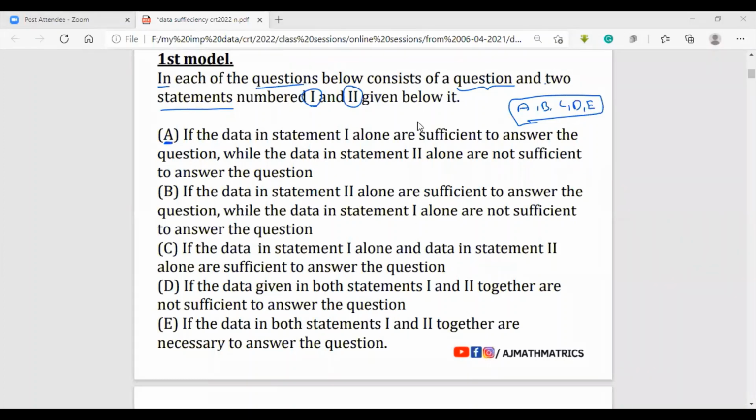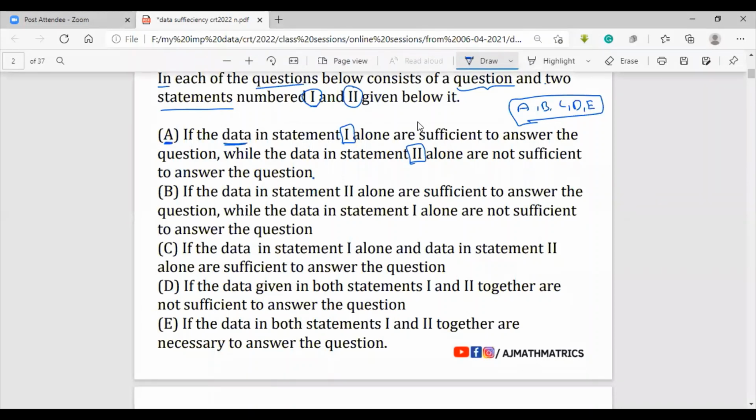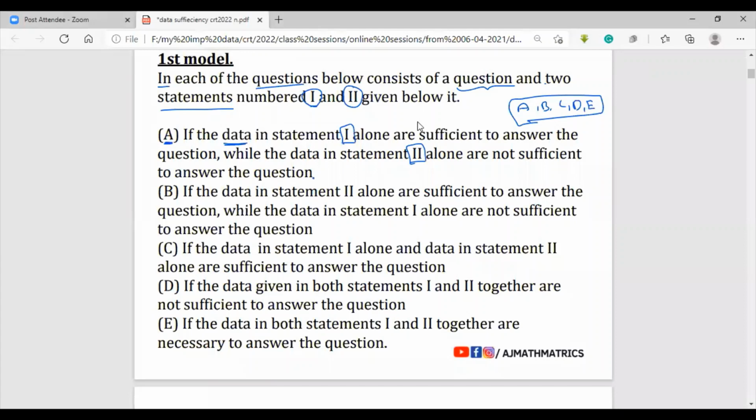Now listen here. If the data in statement 1 alone is sufficient to answer the question, while the data in statement 2 alone is not sufficient to answer the question, be clear, that is when you pick A as your option. When you pick A as your option, you are saying that the data in statement 1 alone is sufficient and the data in statement 2 alone is not sufficient.